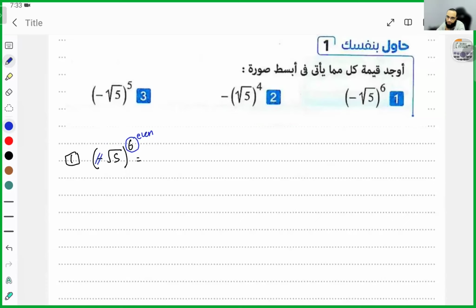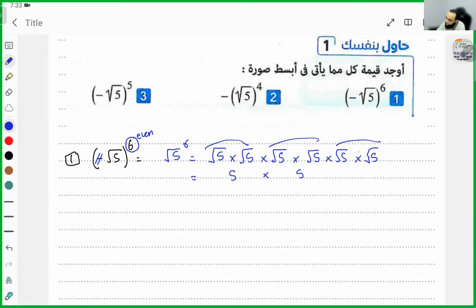Then it's root 5 power of 6, which means root 5 is repeated 6 times. Each pair equals 5, each pair equals 5, each pair equals 5, correct? And 5 times 5 is 25, times 5 is 125.